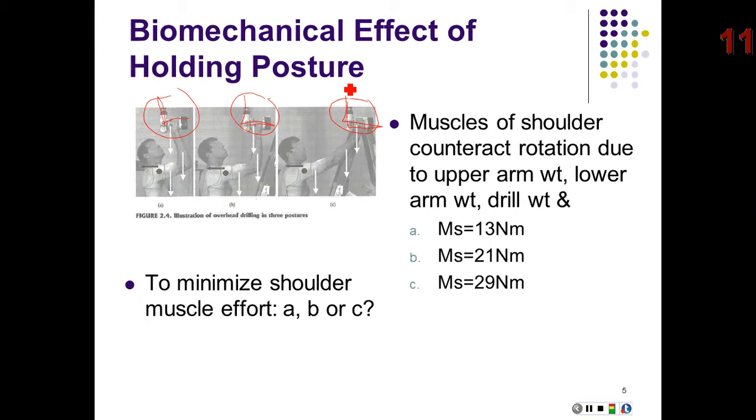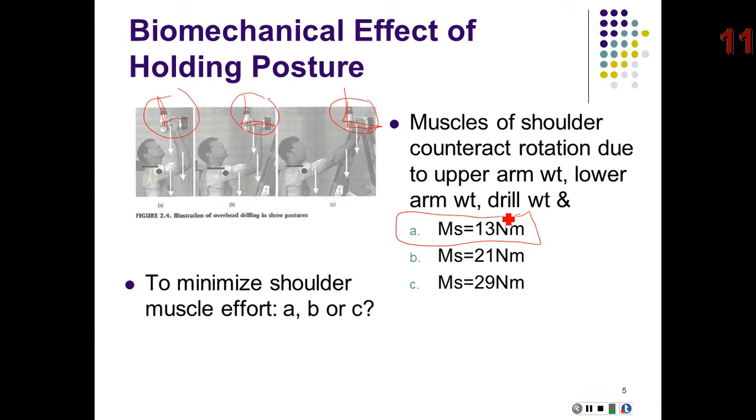Crunching the numbers, your book provides that in case A, the muscular effort of your shoulder creates a moment at your shoulder of 13 Newton meters. In case B, 21, case C, 29, and we can see numerically that case A is the best for your shoulder muscle.